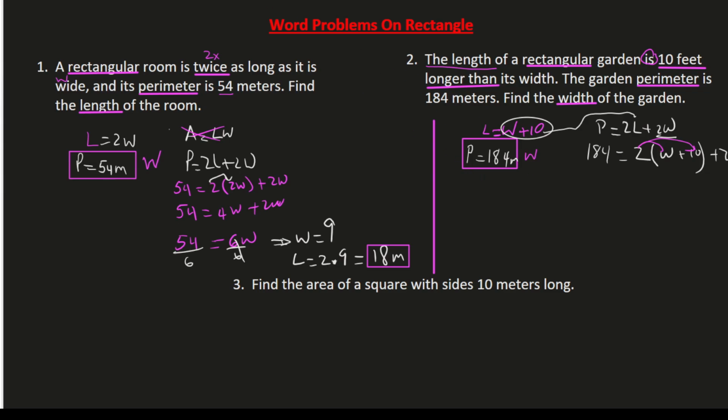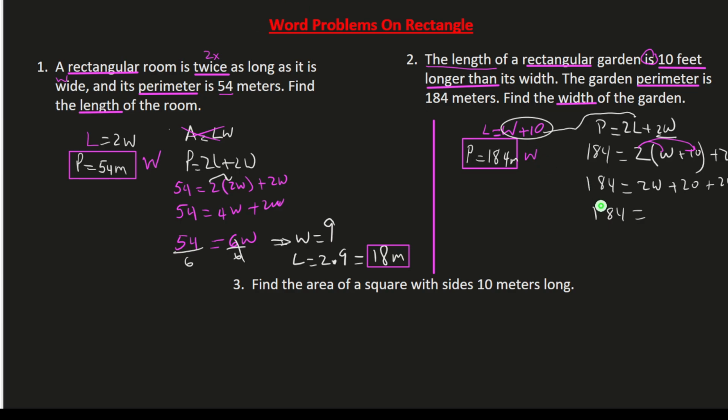So we get 184 is equal to 2W plus 20, plus 2W. We're going to combine some like terms.